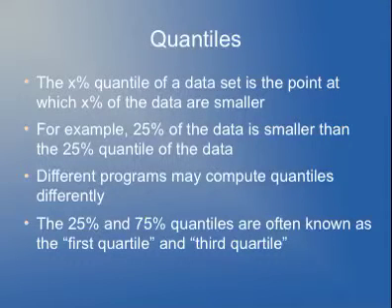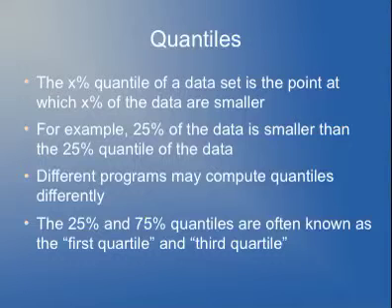Another way that we can describe our data is with quantiles. So we look at the percent of data. For example, the X% quantile of a data set is the point at which X% of the data is smaller. So if we wanted to look at the 25th percent quantile, that would be the point at which 25% of the data is smaller than that.